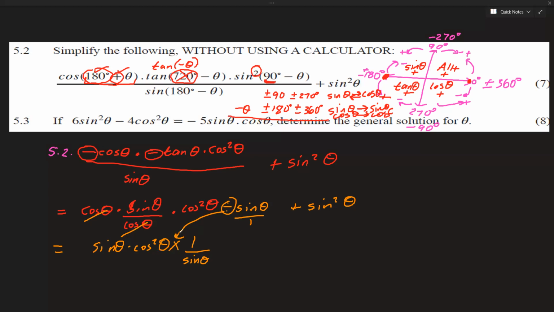You change the division to multiply, you switch the numerator and the denominator there. Then plus sine squared theta. Then this becomes cos squared theta plus sine squared theta, which equals 1. And that's finito about this reduction question.